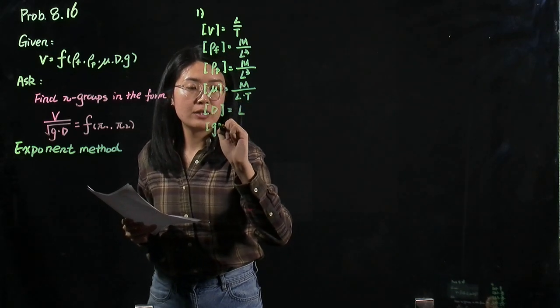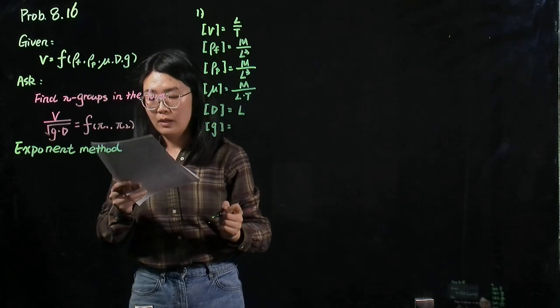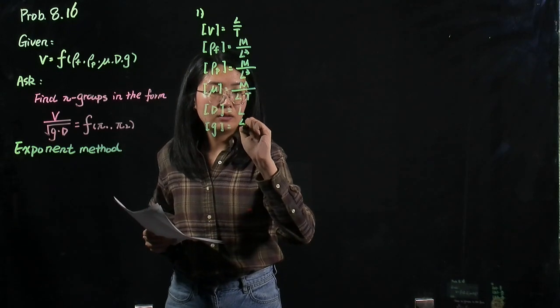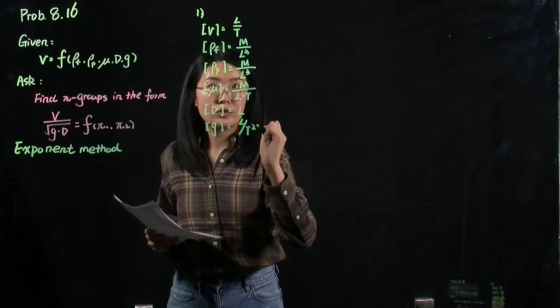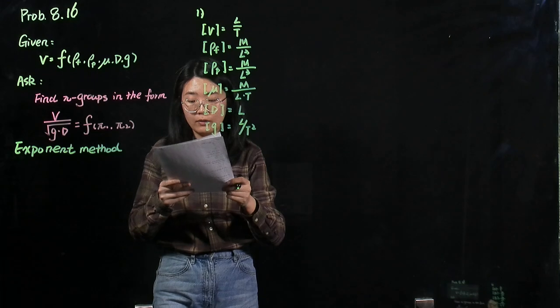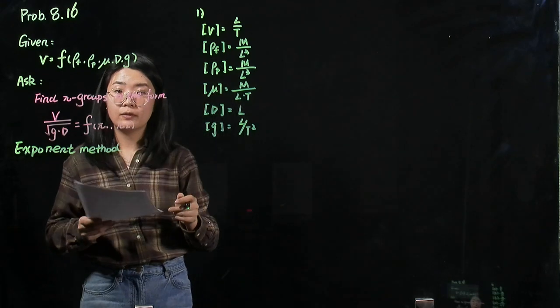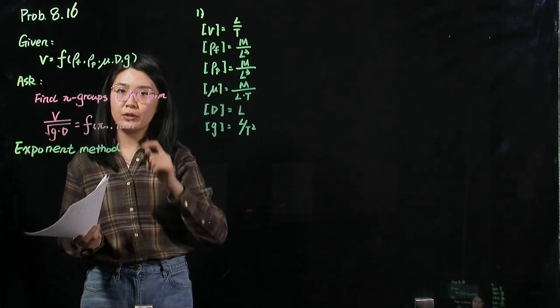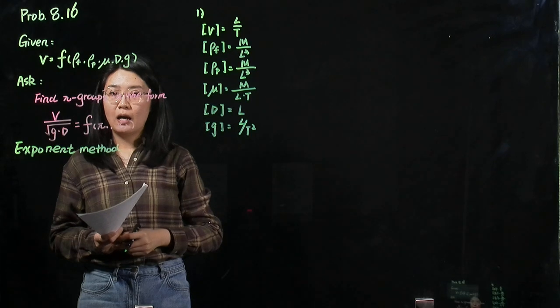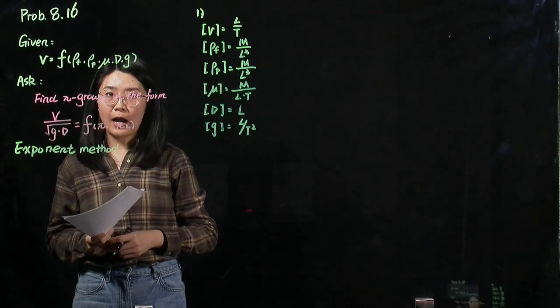Gravitational acceleration's dimension is L/T squared. Okay, so for this case, we do not need to identify the number of the pi groups.